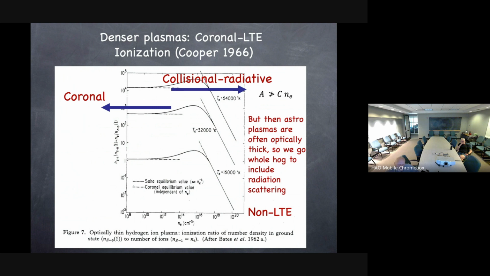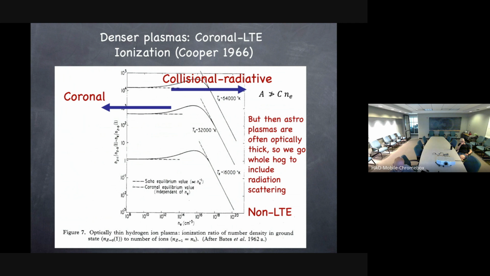So in astronomy, we tend to end up going all the way to include radiation. In fact, in general, you should include that. It just happens that there is a collisional radiative model which you can read about, and people talk about ionizing plasmas and recombining plasmas.